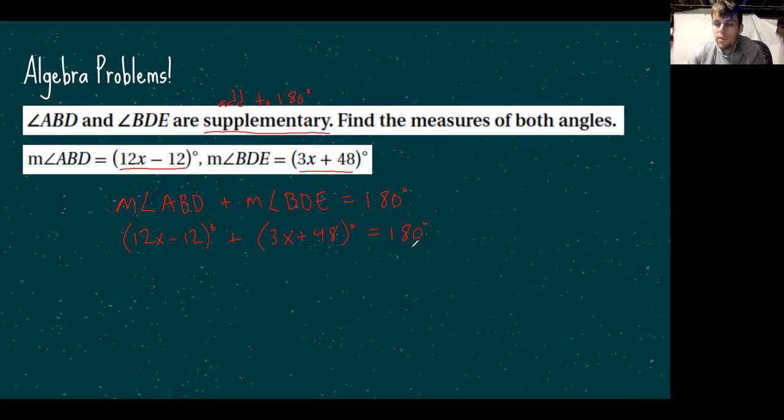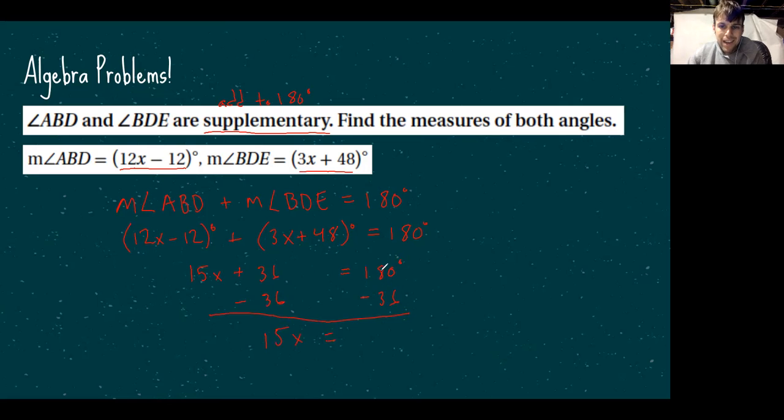Now, this becomes a very simple algebraic equation. We just need to start combining like terms and solving for the value of x. So combining like terms here, I have 15x, negative 12 and 48 will give us 36. And then it just becomes a matter of solving this. So I'll go ahead and finish this off. Feel free to pause at any time if you want to work ahead and be able to check your work with mine.